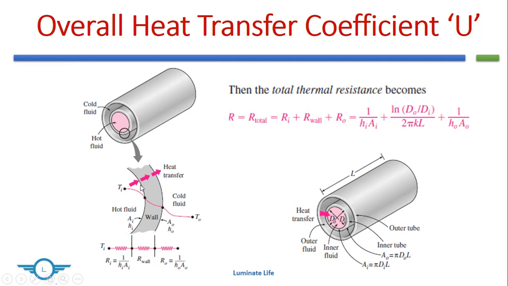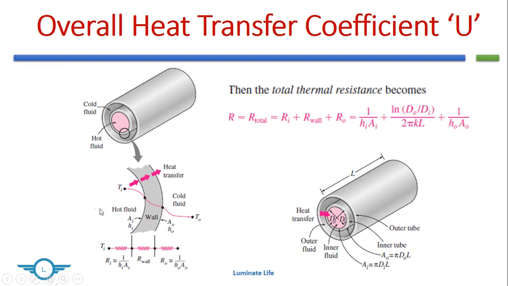Then it is conducted through the pipe to the outside cold fluid. Here we have an outer area A0 and the heat transfer coefficient of the cold fluid is H0, and finally outward temperature T0. If I draw a network diagram, I can see there are three main resistances.